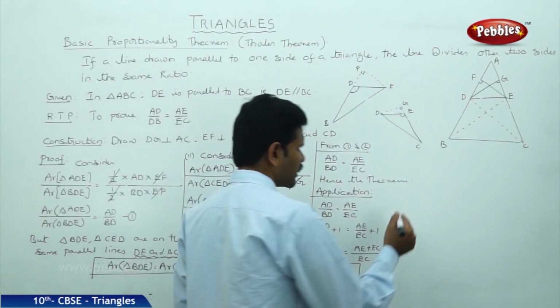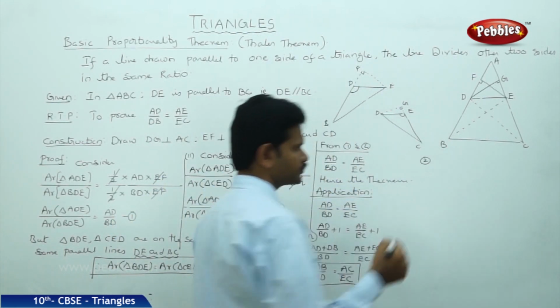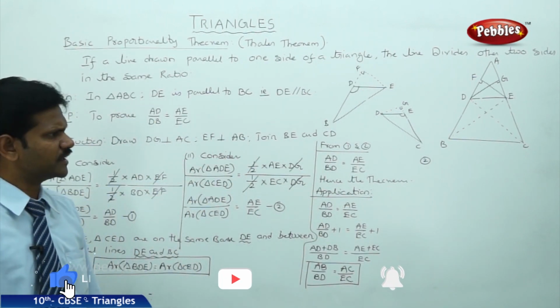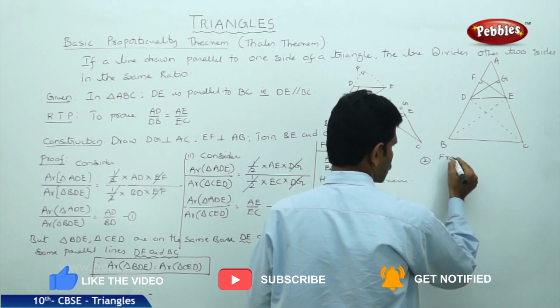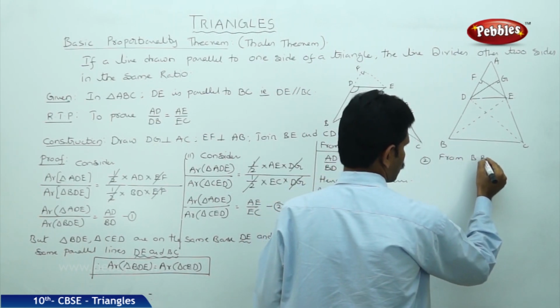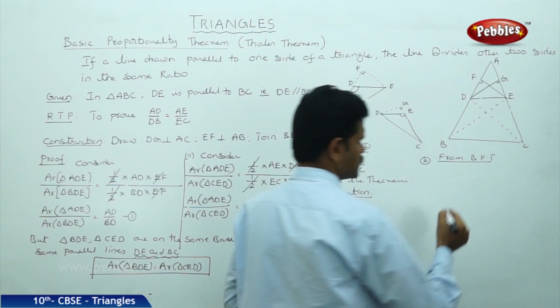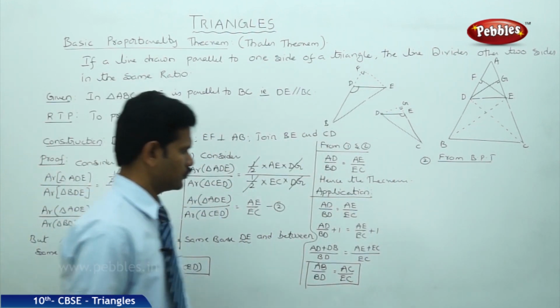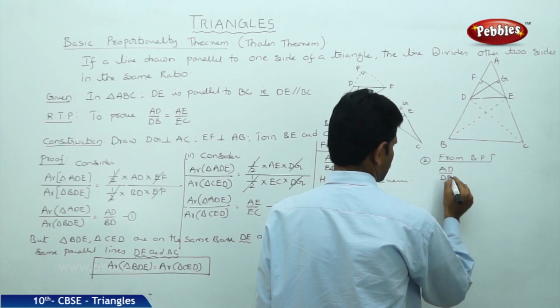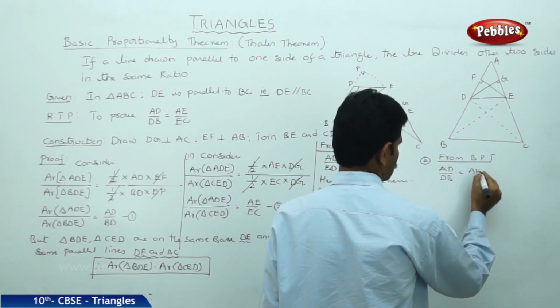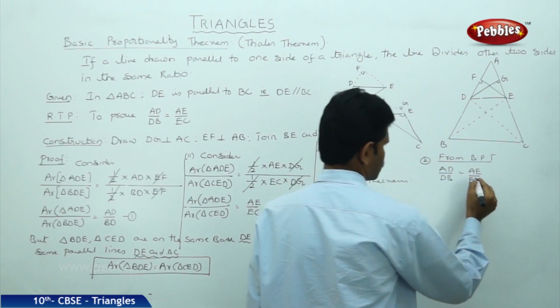Now, application 2. Let us see application 2. From the basic proportionality theorem, we know that AD by DB is equal to AE by EC.